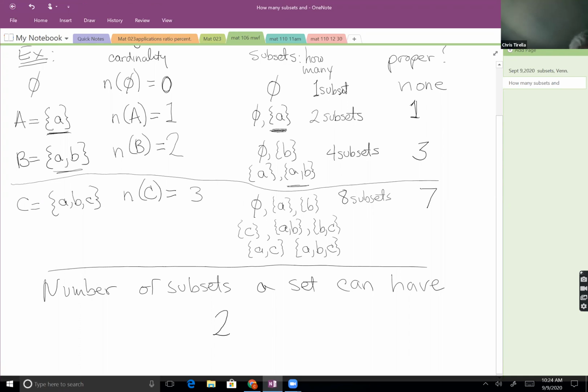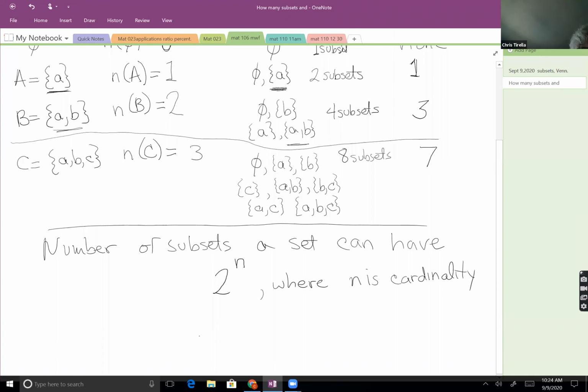And the way it involves the number 2 is it's 2 to the n, where n is the cardinality of the set. And when I take one away from that, it gives me the number of proper subsets.